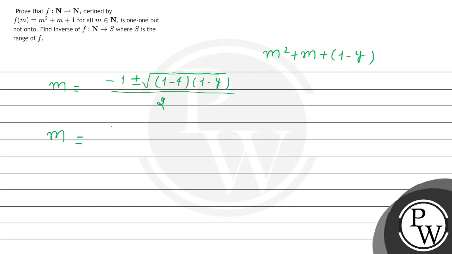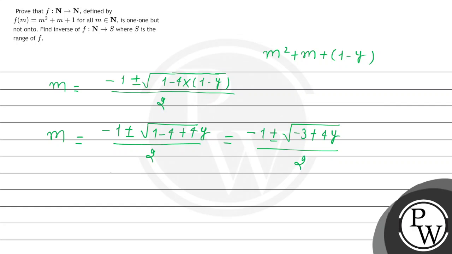After solving this further, we'll get −1 ± √, and after multiplying it, what we'll get here is 1 − 4 and the minus times minus becomes plus 4y. Okay, so here we'll get 2, and we'll solve this further. So −1 ± √(4y − 3) divided by 2.